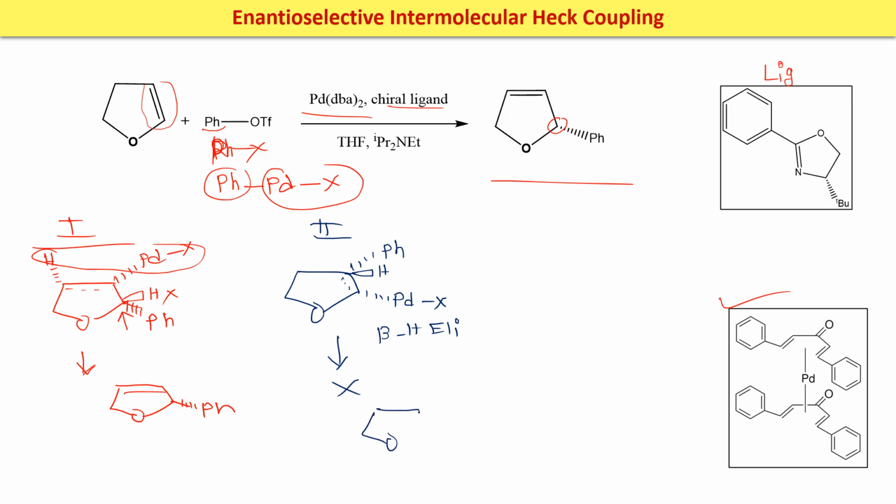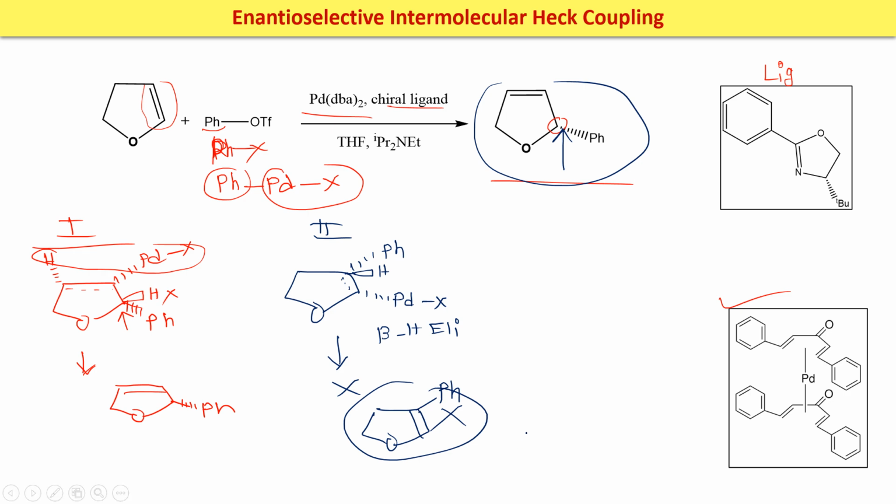That means this product where the double bond is here and Ph is away from oxygen, this product is not possible. That is the reason, because beta hydride elimination must be from the same side, that is the removal of H and PdX, and because of that particular factor we are getting only this product, and here we have an sp3 carbon, which is a chiral center, because we are using a chiral ligand. So this is the example of the enantiomer selective version of intermolecular Heck coupling. So this is the picture of Pd2(dba)3, and this is our chiral ligand.